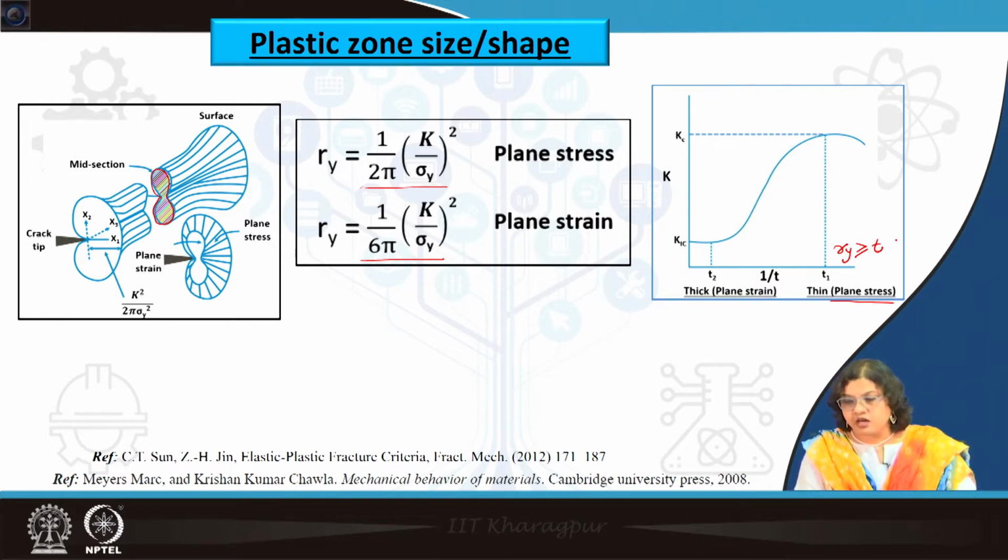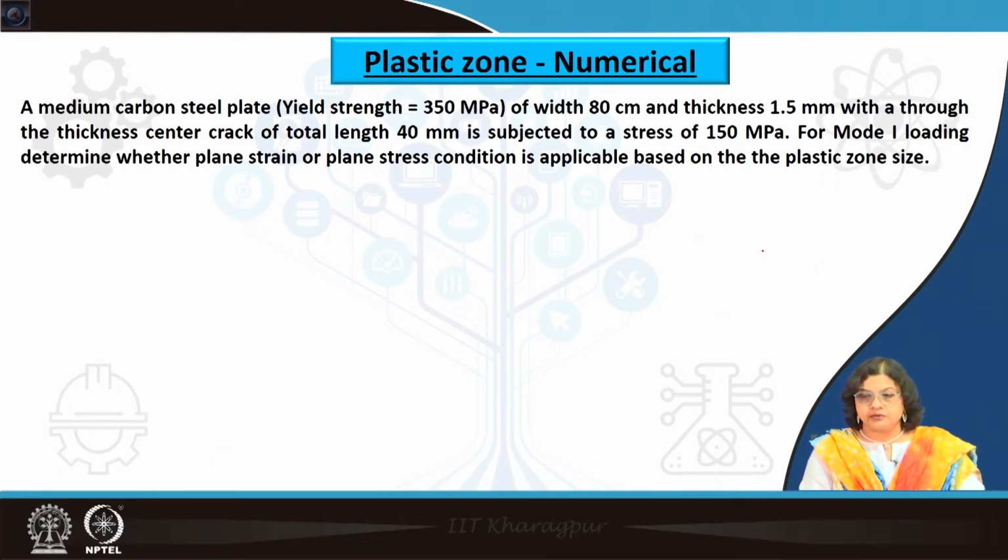On the other hand, for a thick component, plane strain condition generates, which means the plastic zone size is less than 1/10 of the thickness, or the thickness is typically 10 times the plastic zone size or even more. So, based on this, we would like to figure out how we can determine from the thickness of the component or additional parameters whether plane strain or plane stress condition will be active. To understand that, we would like to solve a numerical.